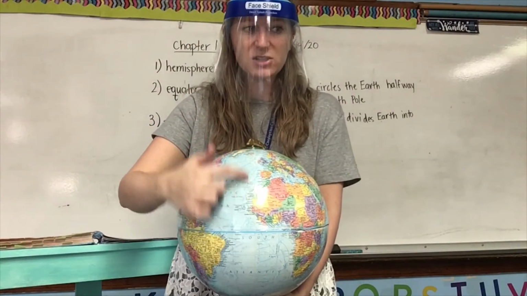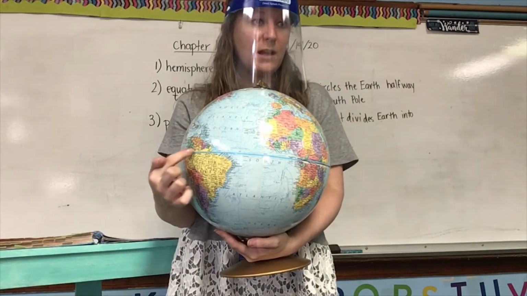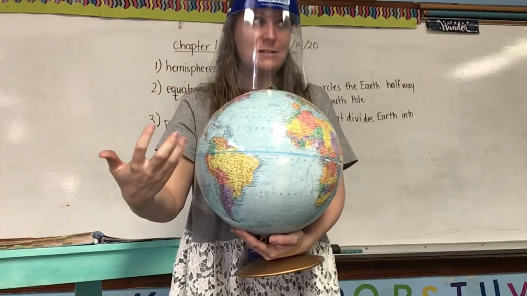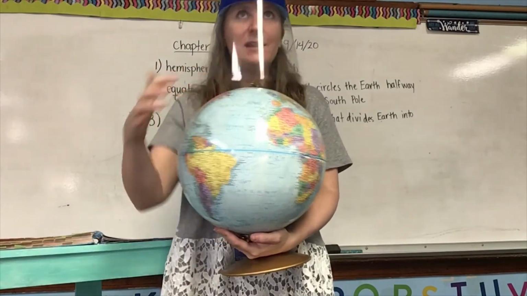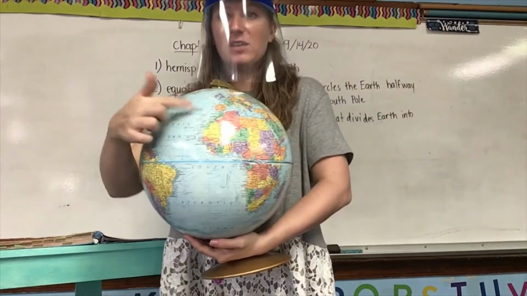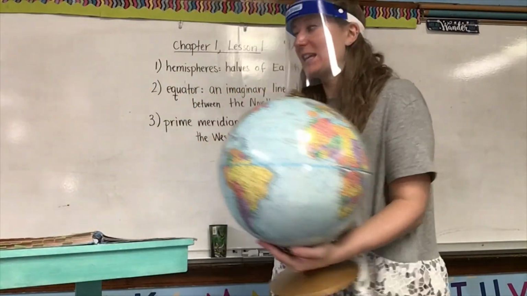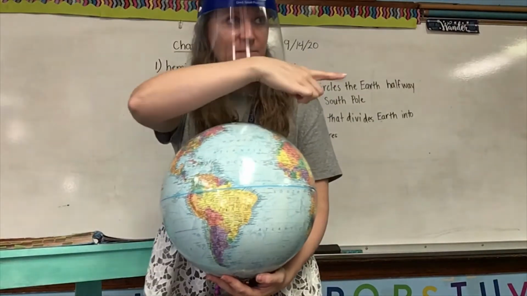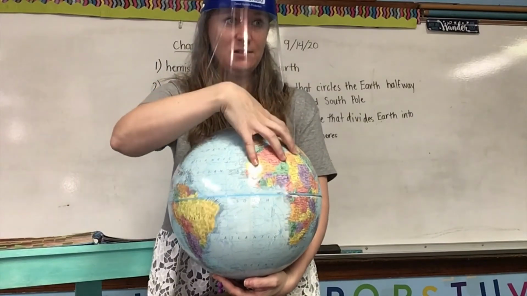So, if we're looking to the left of the prime meridian, it's the west. So the United States is to the left of the prime meridian, so it's on the west, which means the United States is in the western hemisphere. To the right of the prime meridian is the east, so that means England is in the eastern hemisphere.